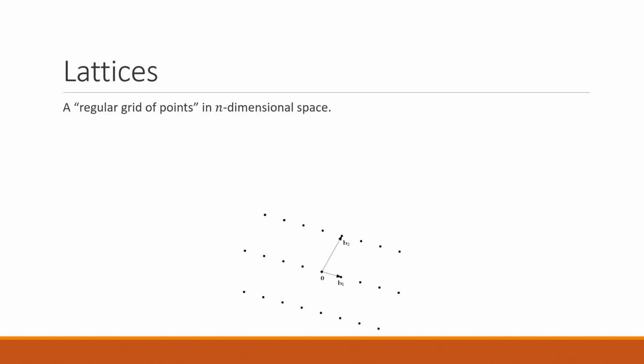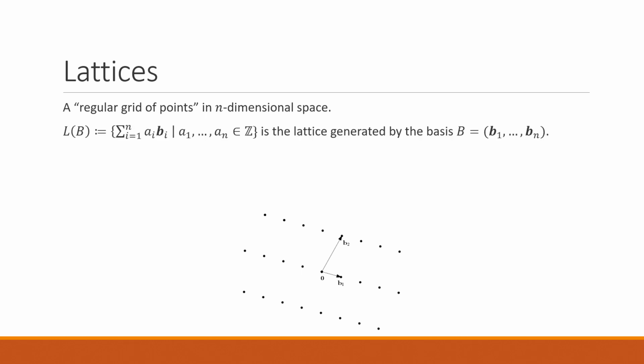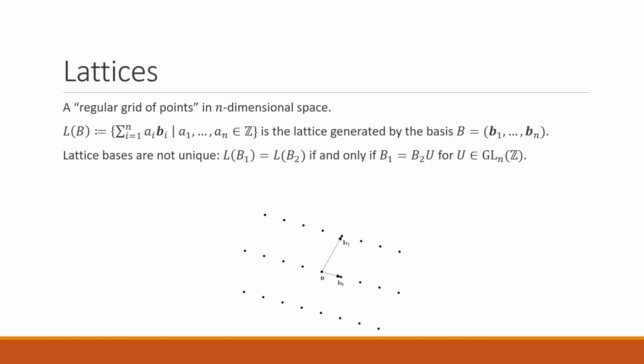So I think most people in the audience know what a lattice is. It's a regular grid of points in n-dimensional space, or more formally, the set of all integer linear combinations of some n linearly independent basis vectors. When we concatenate these vectors to form the columns of a matrix, we get a basis matrix, capital B. Lattice bases are typically not unique, at least in 2 or more dimensions.